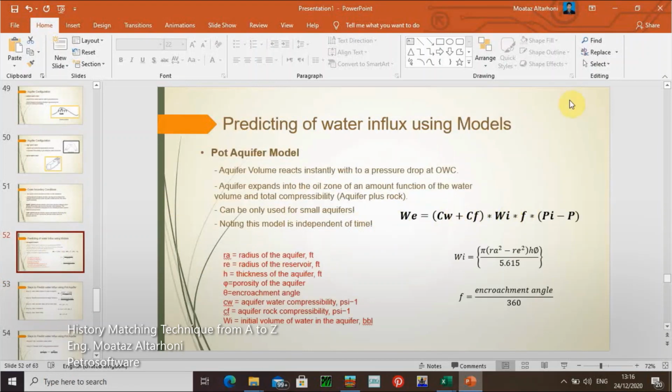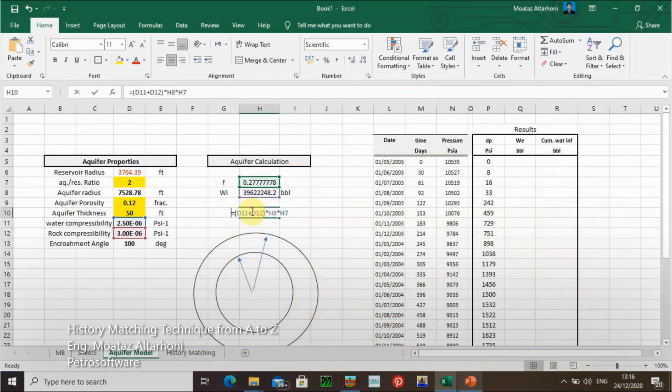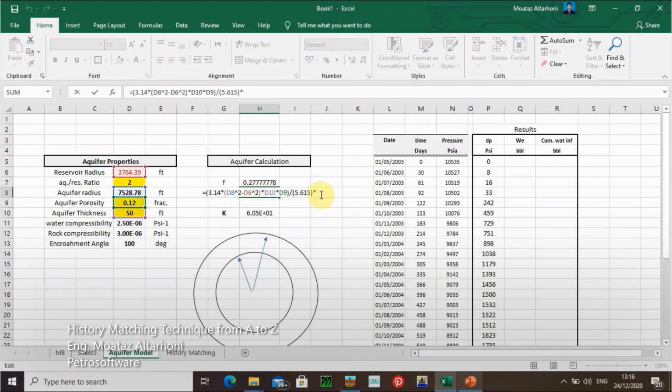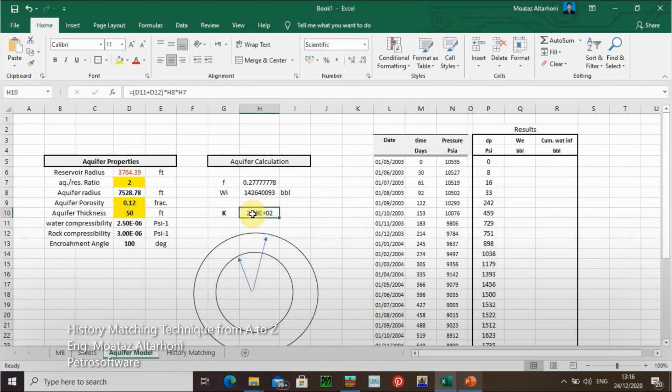I calculated here the water and rock compressibility for our aquifer, multiplied by initial volume, then using factor F. Yes, I don't need to use F here. Sorry, that's a mistake because I multiplied it here. So don't do that if you follow my steps.